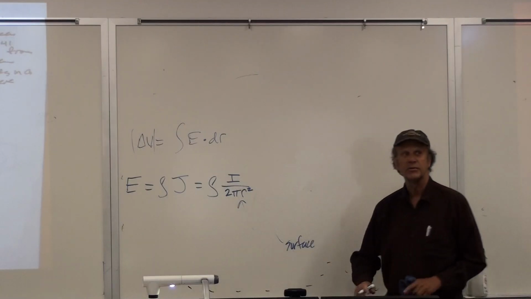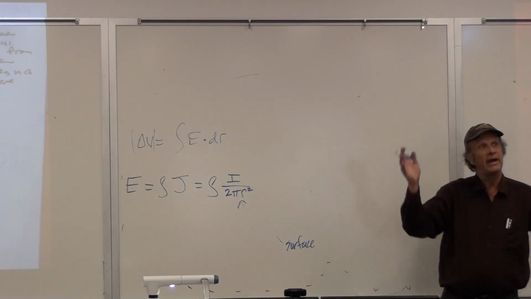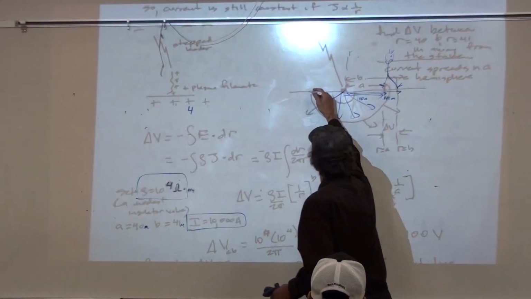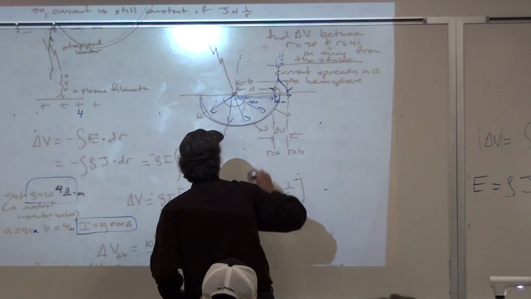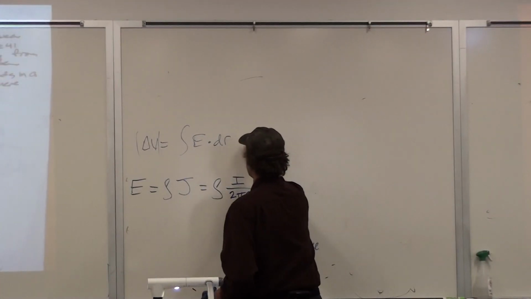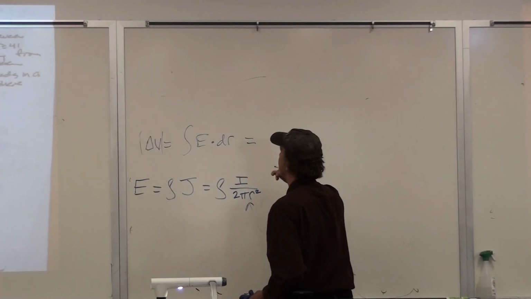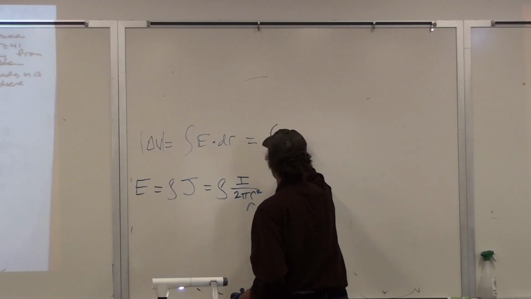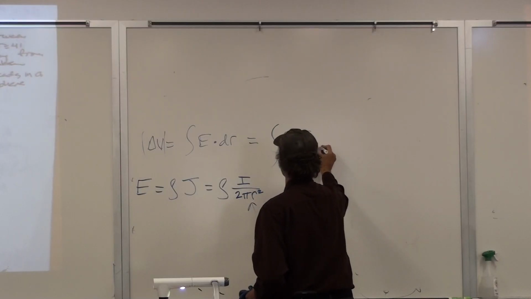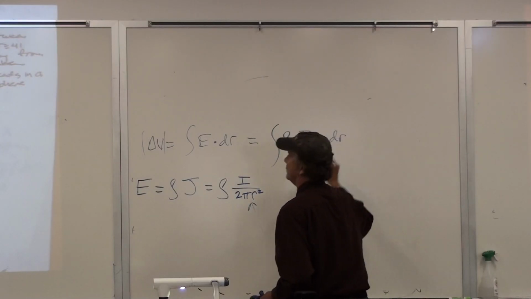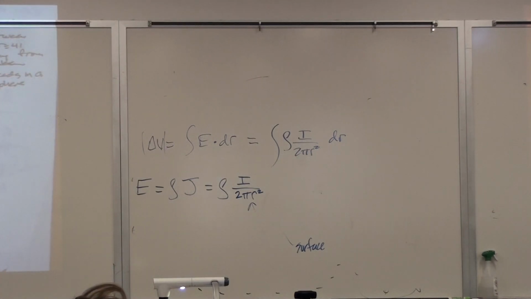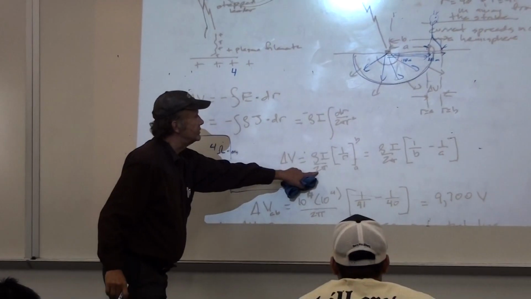Remember, 4 pi r squared is the surface area of an entire sphere, but this is going out just through the hemisphere. And so the area then here is going to be 2 pi r squared. So we can plug that in here, and that'll give us the integral of rho I over 2 pi r squared times dr.